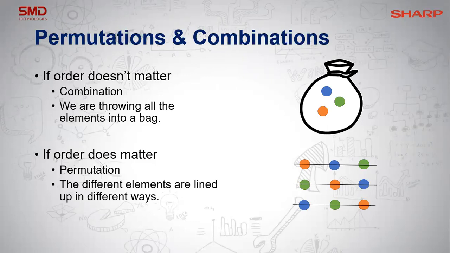By elements, I mean any things that we are drawing from. So whether it's a classroom of students, that would be 30 elements, or a bag of marbles, or a packet of sweets, or cars, those would be your elements as well.